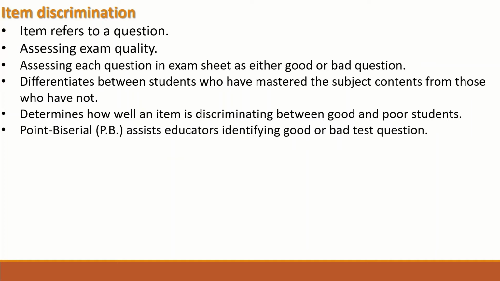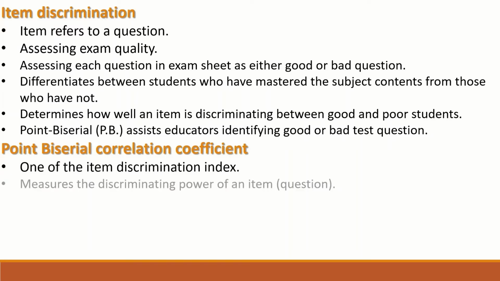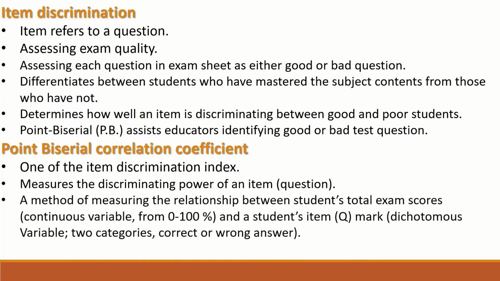The point biserial correlation coefficient assists educators to identify good or bad test questions. The coefficient is one of the item discrimination indices. It does measure the discriminating power of an item or a question.